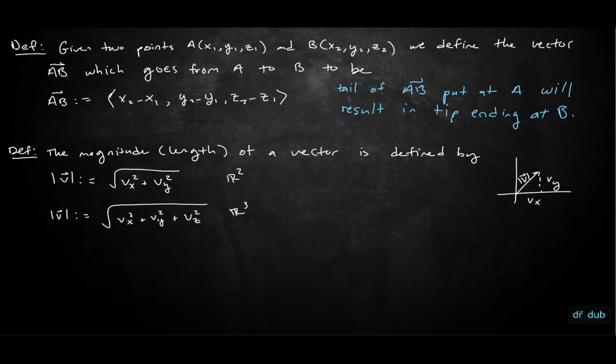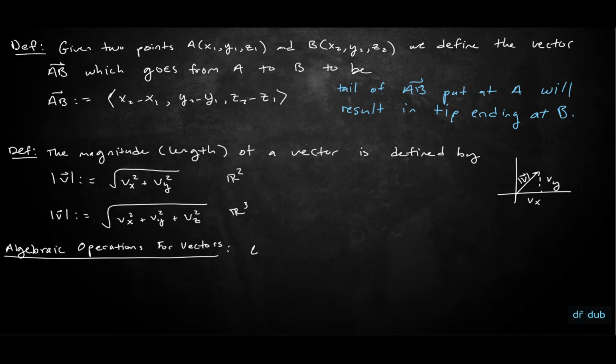Let's see. Adding, subtracting, multiplying vectors with scalars. So algebraic operations for vectors. So addition, we'll just say two-dimensional vectors, but the same thing is for three-dimensional vectors.